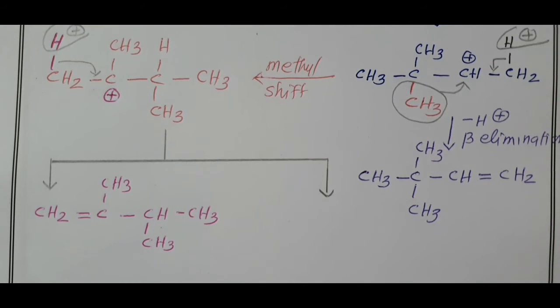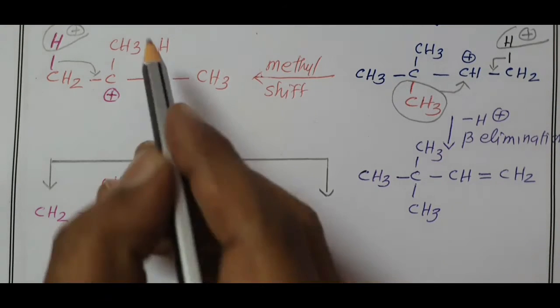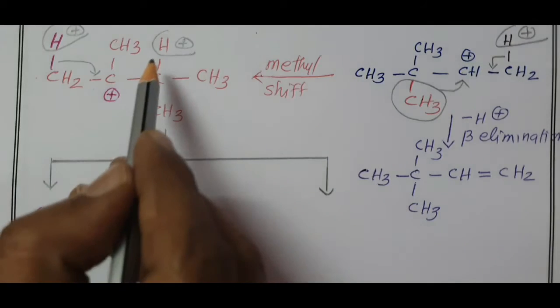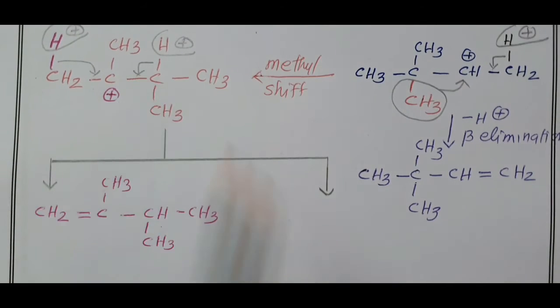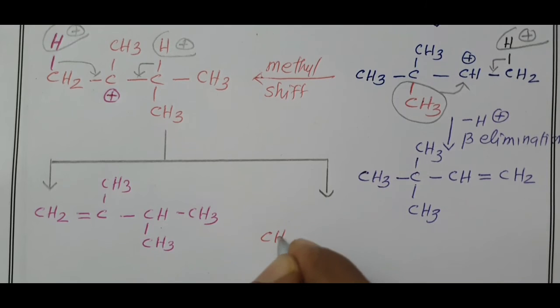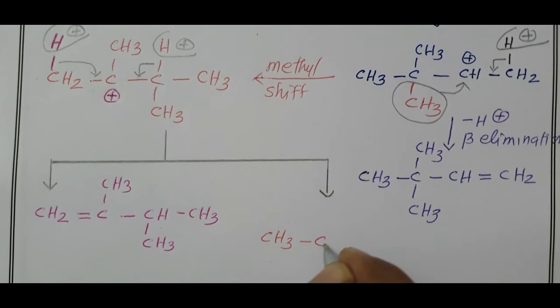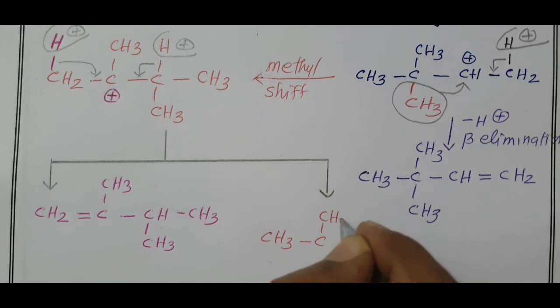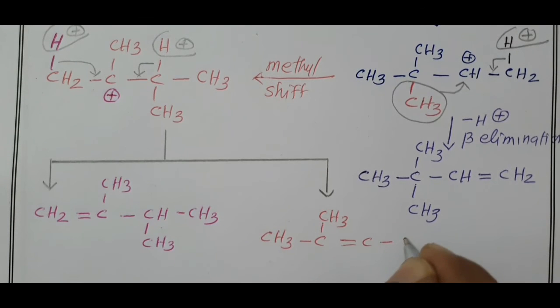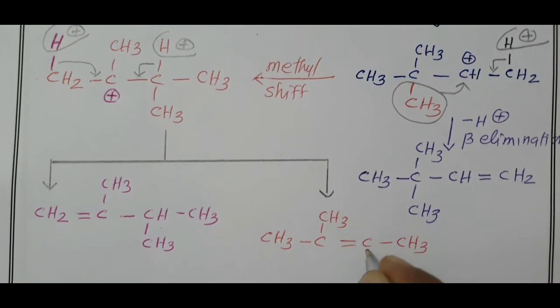Instead, if this hydrogen is removed as H plus from the beta carbon atom, this bond is shifted between these two carbon atoms, giving another alkene. The first carbon is CH3, CH3, single bond CH3. Here a double bond is formed, double bond C, CH3, CH3.